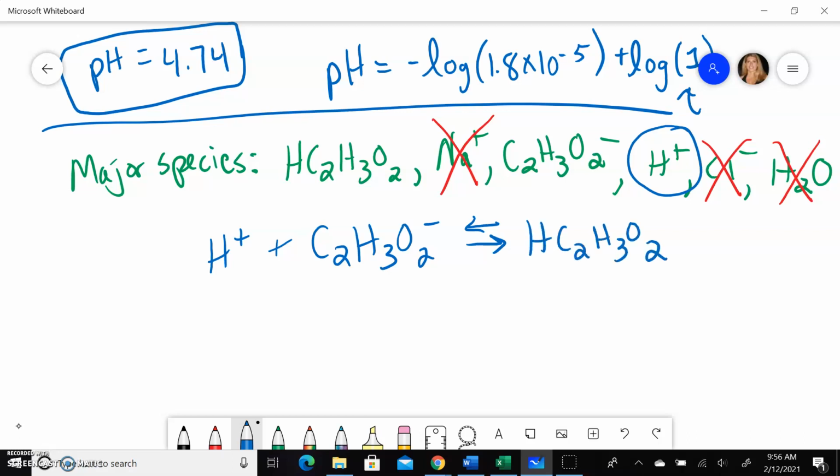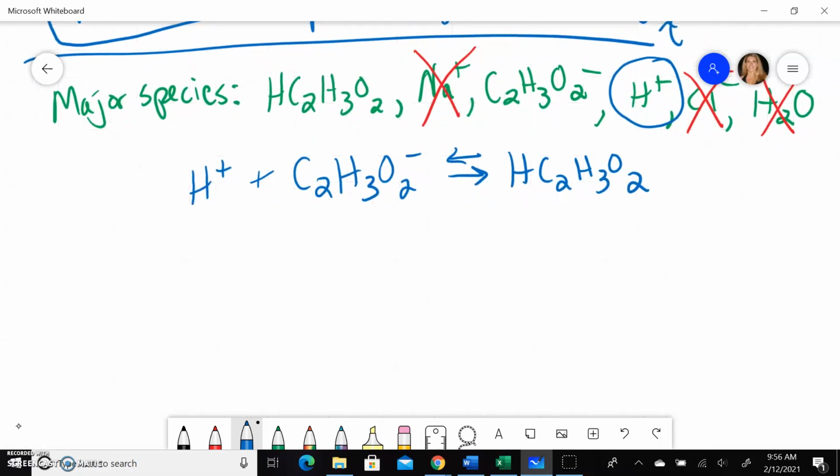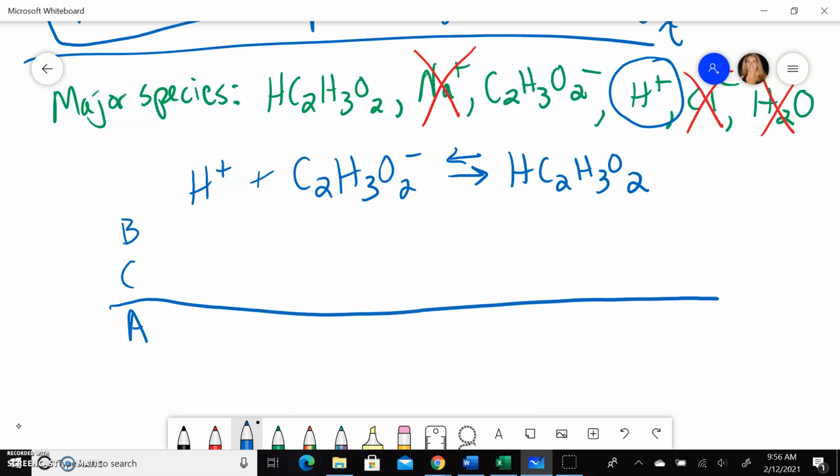Now, when you react the H plus or the OH minus to completion, it is not an ice table. We're not talking about equilibrium yet. We're just reacting it to completion. So we call it a before, change, and after table. So we have some H plus. The concentration is 0.01. We have some of the salts, and we have some of the acid, the weak acid. We're going to react it to completion, and we're going to run out of the H plus first.